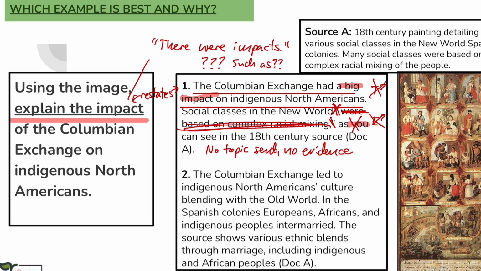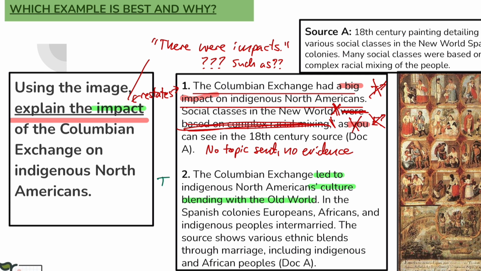Number 2, in contrast, starts with the Columbian exchange led to, oh, look at that historical thinking skill. It is doing causation. So the Columbian exchange led to indigenous North Americans' culture blending with the old world. Okay, so the question said, what was an impact?